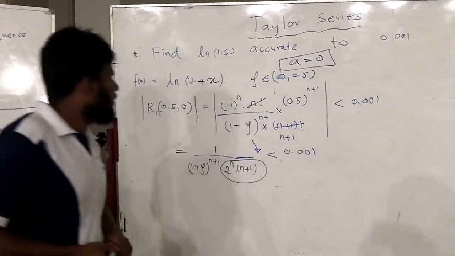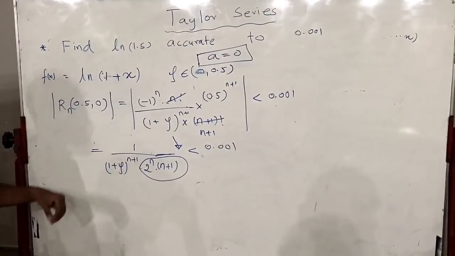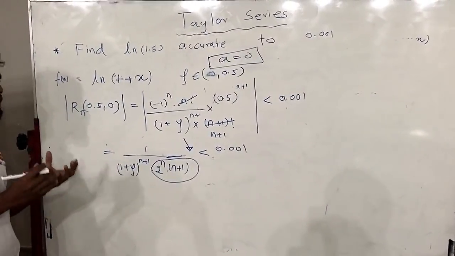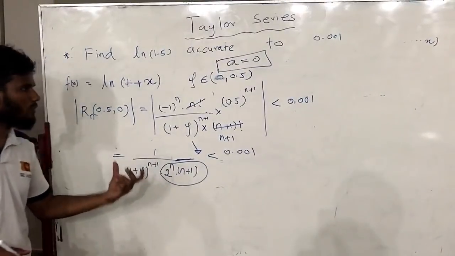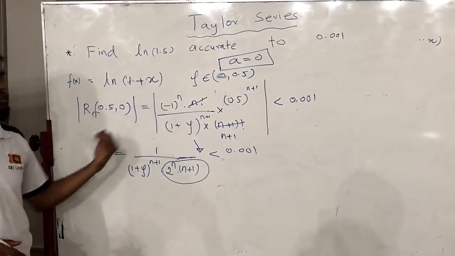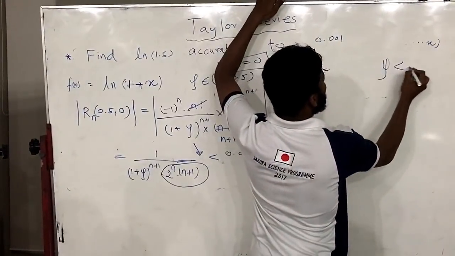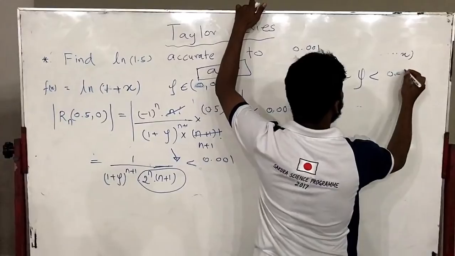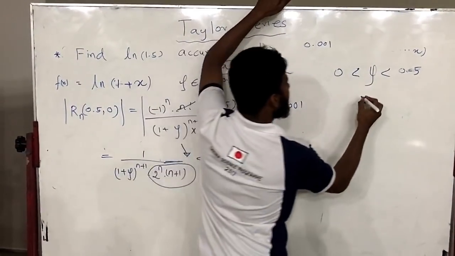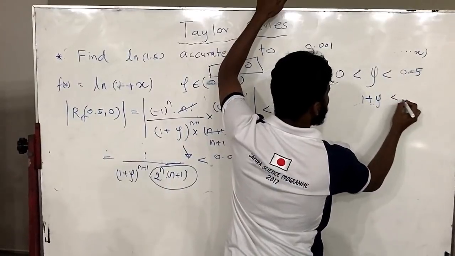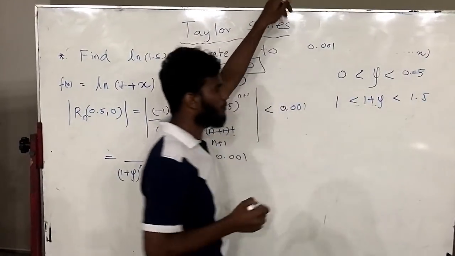Usually in such problems this bounding part happens. So it will be useful if we know how to bound a function to some extent, with an upper bound or a lower bound. We can see zeta is less than 0.5 and greater than 0. We can derive from that 1 plus zeta is less than 1.5 and greater than 1.